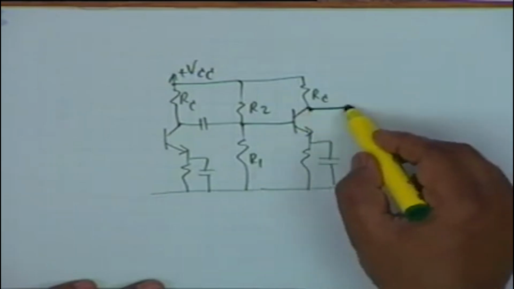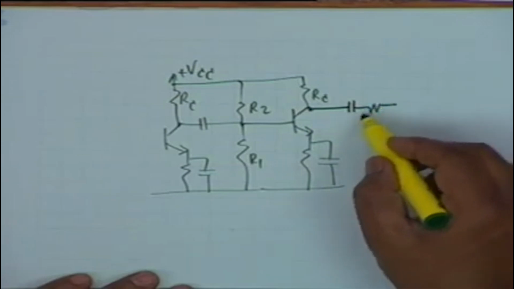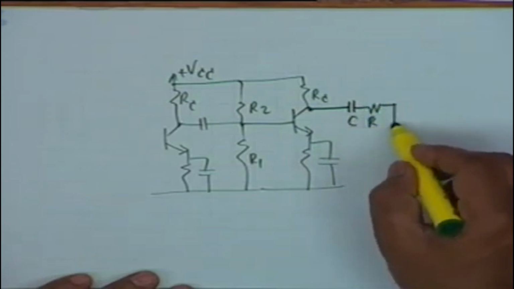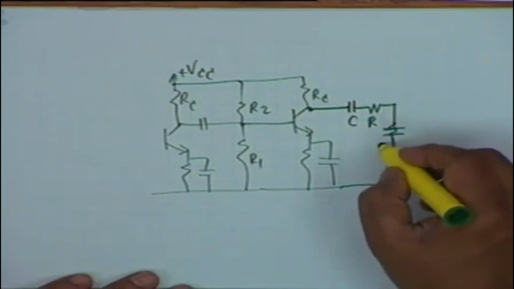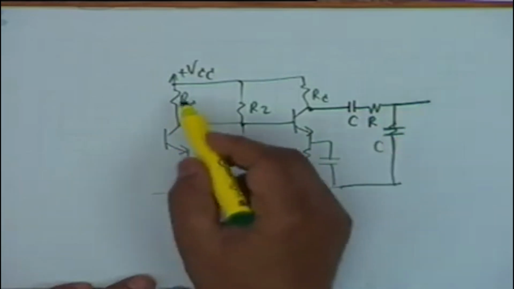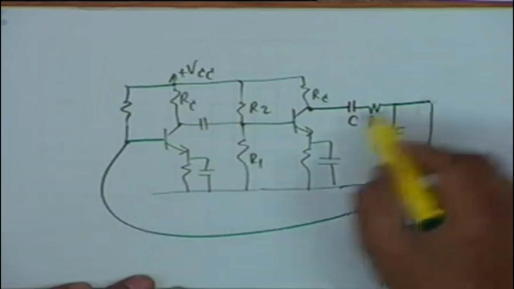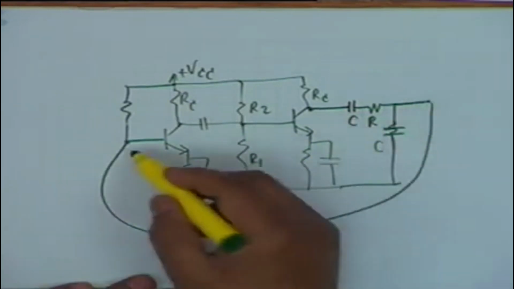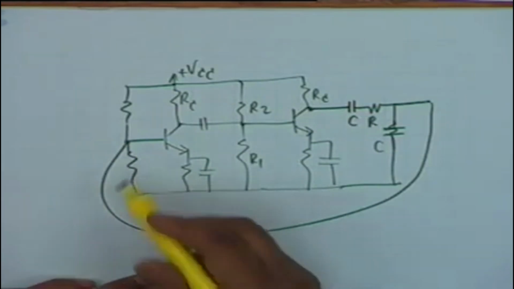Then you require the feedback circuit CR and a parallel C or parallel C and a resistance. Well, once again this resistance could be the second biasing resistance required here. You might use an extra resistance, or you may not use.